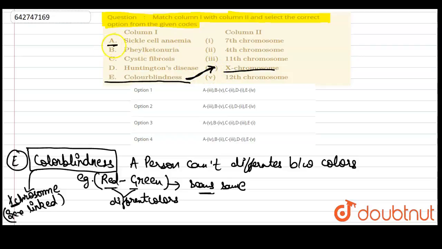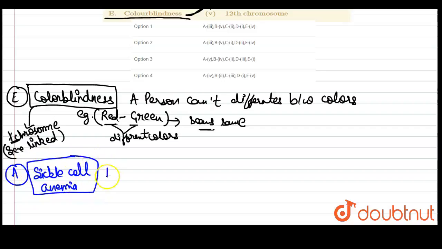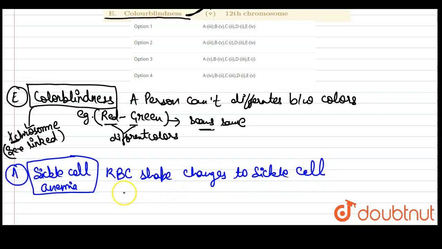Now if we see the A option, it mentions sickle cell anemia. Sickle cell anemia means the RBC shape changes to sickle like because of the lack of oxygen.